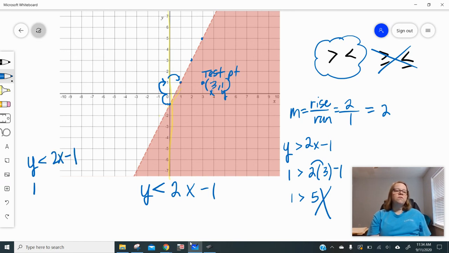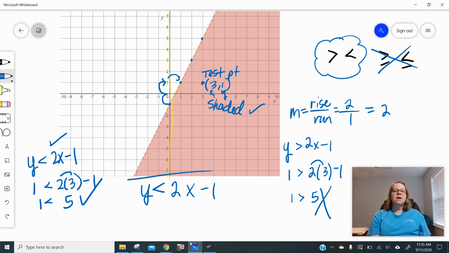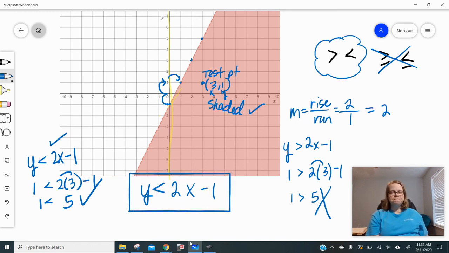Plugging in 1 for y and 3 for x. 6 minus 1 is 5. Is 1 less than 5? Yes. This should be shaded. And it is. So that tells me this is the one that I want. So that is my correct answer for this problem.